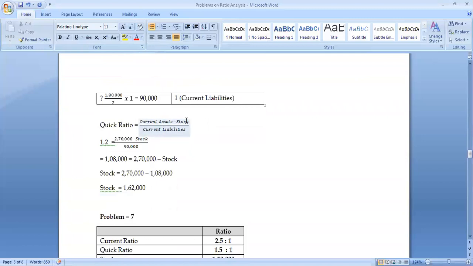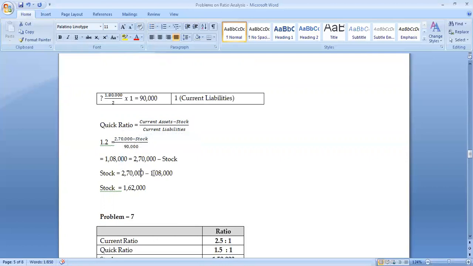Okay. So current assets is 2,70,000 minus stock divided by 90,000 is 1.2, which will give you 1,08,000 is equal to 2,70,000 minus stock. So replace the value of stock here. Stock goes here and this 1,08,000 goes there.